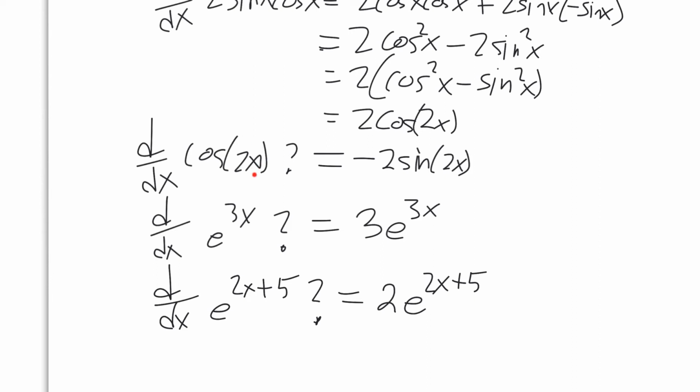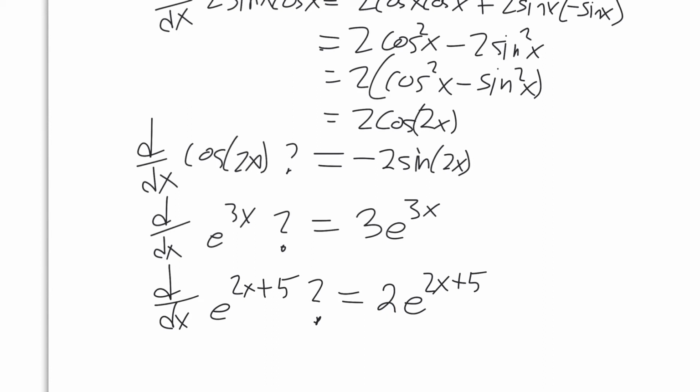The 2 inside here is going along for the ride. There's a 2x, a 2x, a 3x, a 3x, a 2x plus 5, a 2x plus 5. But the number in front, the 3, is obviously coming from the 3x, and the 2 is coming from the 2x. But why isn't the 5 coming down to be with the 2?